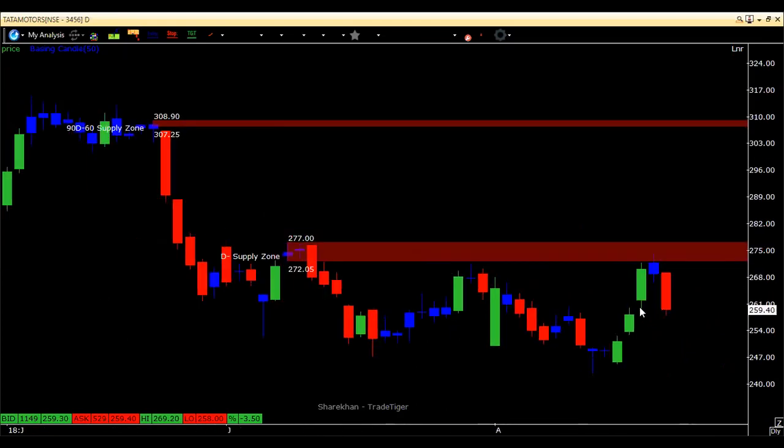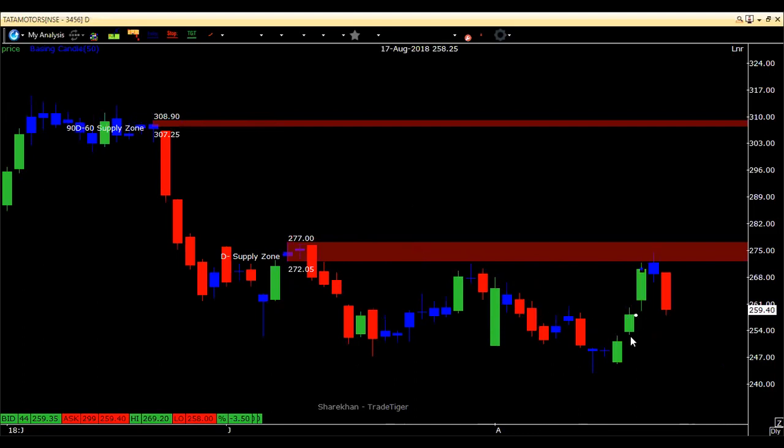Have a look at this supply zone here, which I have marked in red. In this supply zone you have a rally in price, a period of pause, and a sharp drop down. So this is an area of supply.